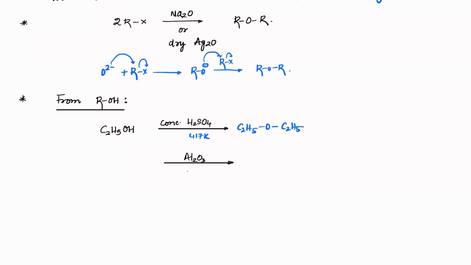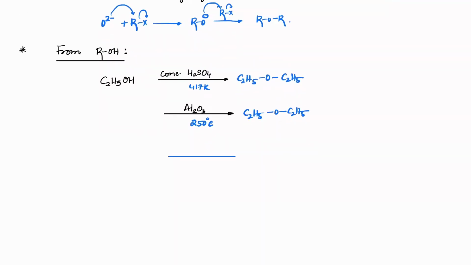And same goes with Al2O3 also up to 250 degrees Celsius, correct? You can have C2H5OC2H5. Whereas in case if you operate concentrated H2SO4 above 473 kelvins, then ethers, I mean alkenes would be major product. These will be major product.